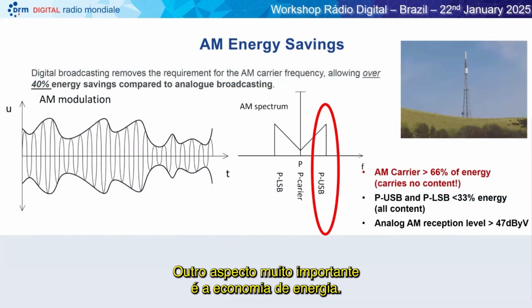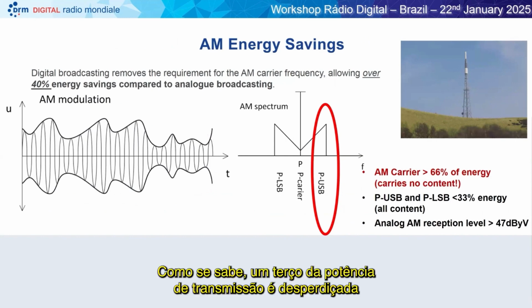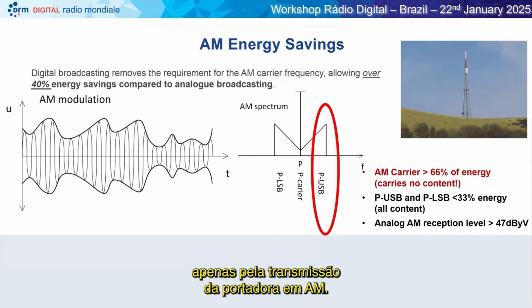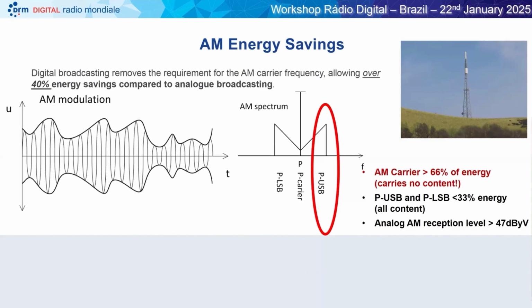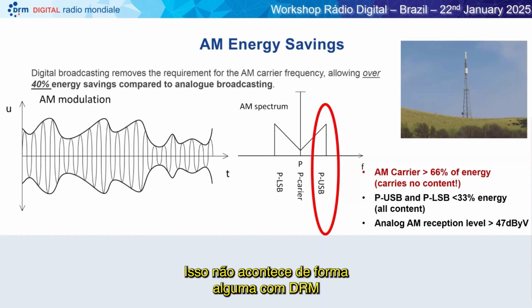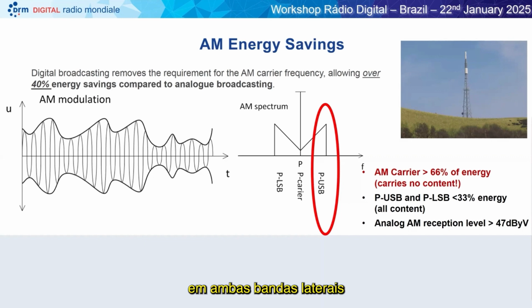Now, another very important aspect is energy saving. As you know, a third of the transmission power is wasted just by transmitting the carrier in AM. It doesn't carry any content. It's just a waste of energy. This is completely not happening with DRM. And also you have 2 sidebands. The information is basically replicated on both sidebands, so you actually need only 1 sideband.